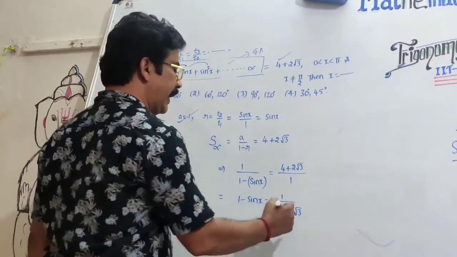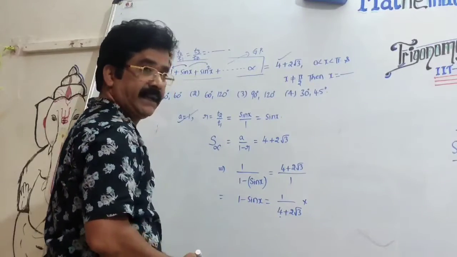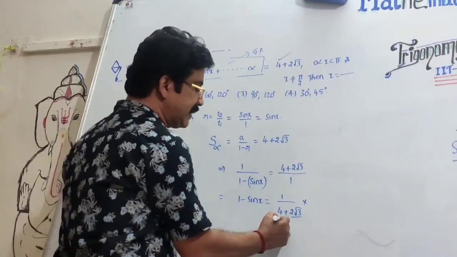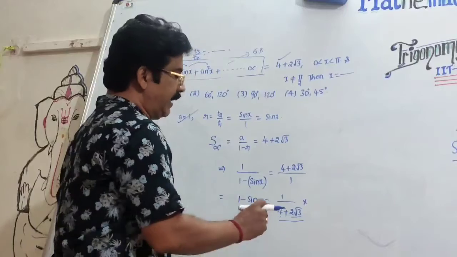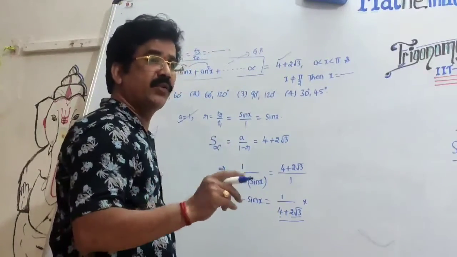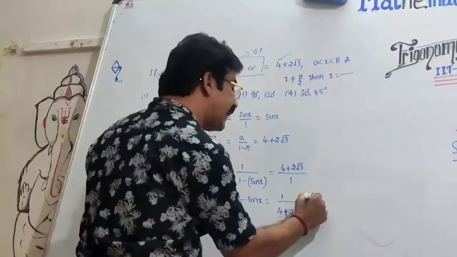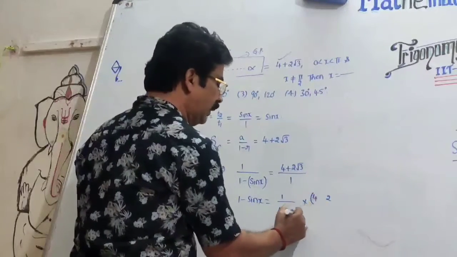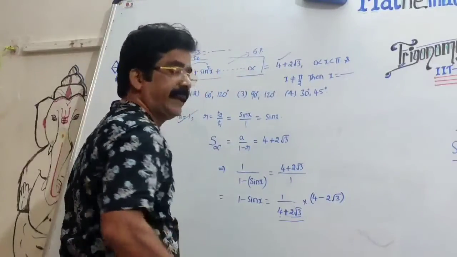Okay. Actually, 4 is a rational number and 2 root 3 is an irrational number. Totally it is called a mixed surd. Here we are doing rationalization. Rationalization means, in the denominator plus is there, so we are taking minus, the opposite sign, with the same numbers. 4 is there, 4; 2 root 3 is there, 2 root 3. Plus is there, but we are taking minus.